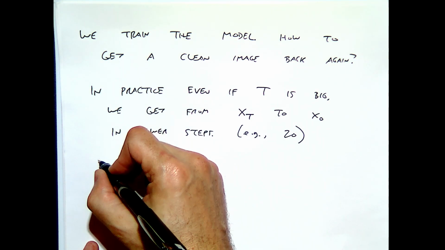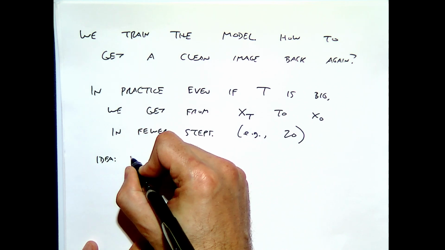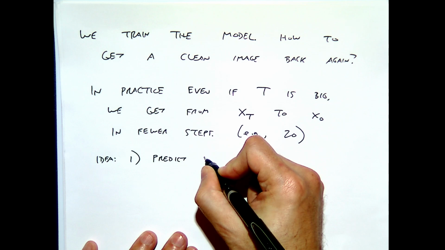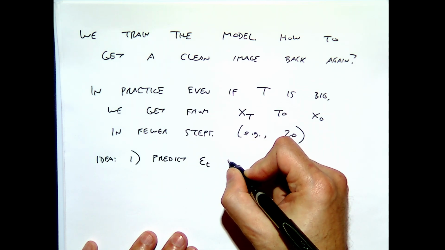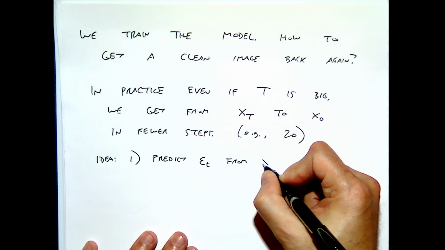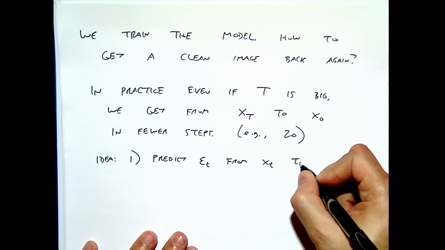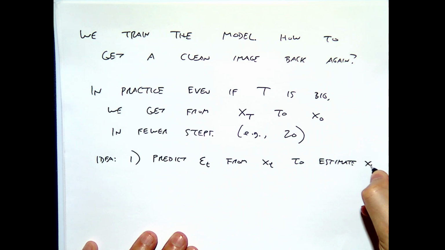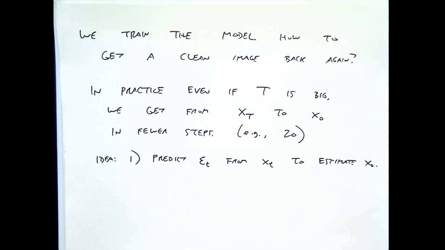So the idea is that we first predict epsilon t from xt to estimate x0. This would be the equivalent of going all the way to the beginning in one step. Obviously, this is going to be a pretty poor estimate of x0.